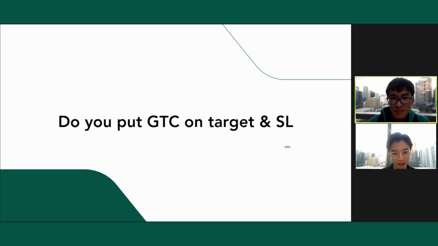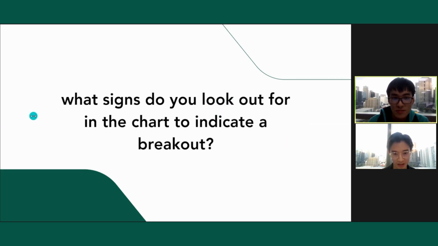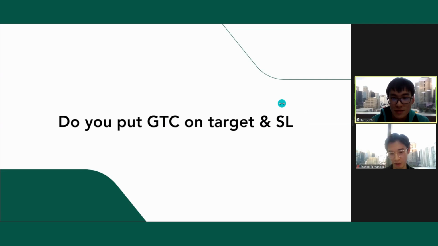Do you put GTC, which is good till cancel, on your target and stop loss? For me, if you cannot monitor it and you want the orders to just stay there until it either hits your target or stop loss, then yes, you put a good till canceled order so that the order stays valid tomorrow, the next day, a week from now, a month from now, until it hits your target or stop loss.